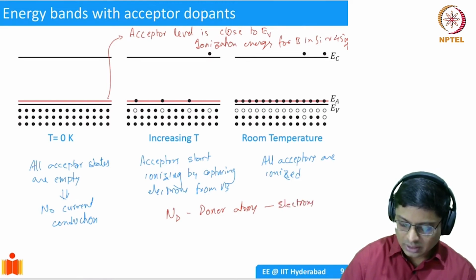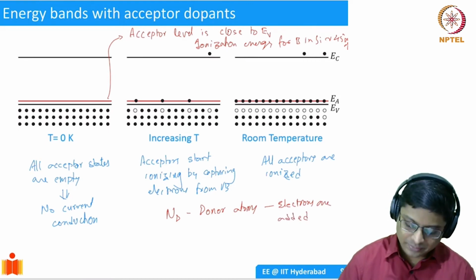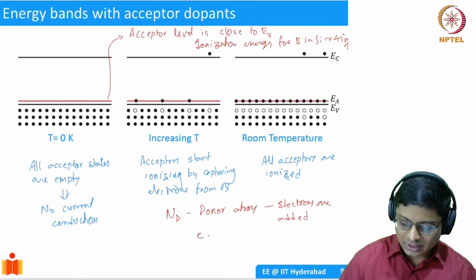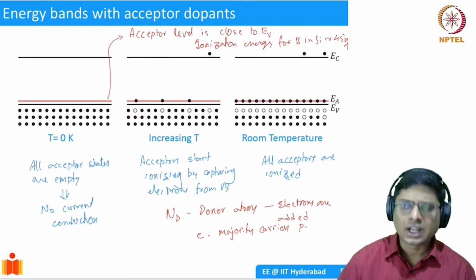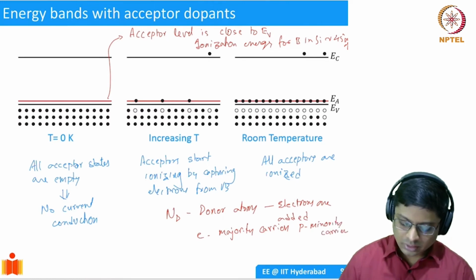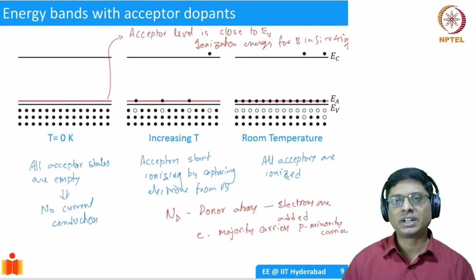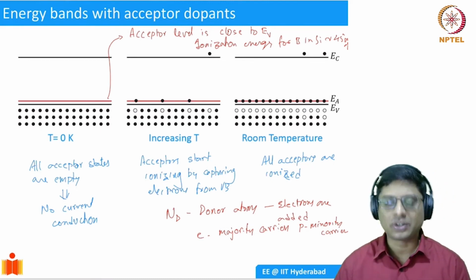Electrons are added in significant number actually. So basically, electrons are majority carriers, and holes are few in number, so we call them minority carriers. Whenever you dope with donors, you get electrons as the majority carriers and holes as the minority carriers.